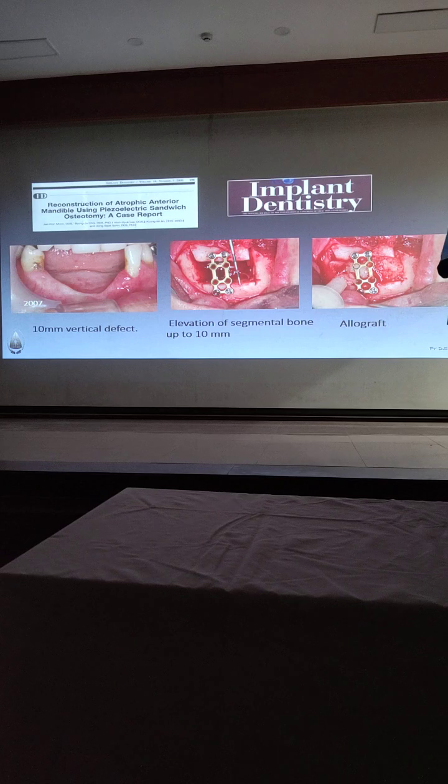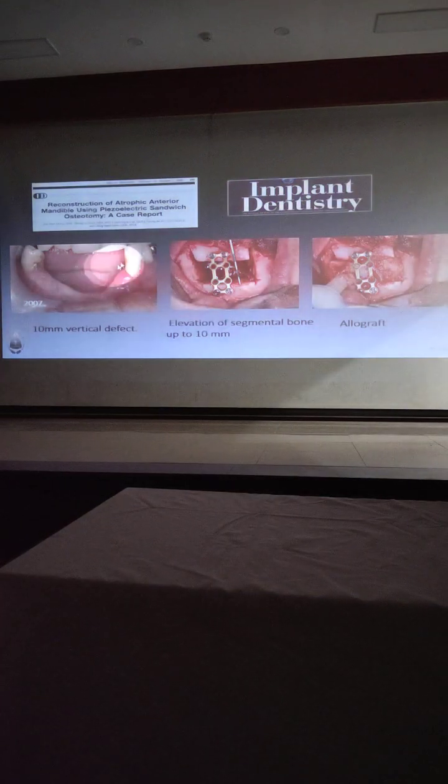So in this case, at that time, I had two options: simple grafting or sandwich augmentation. So I gave up the block bone technique for vertical augmentation because of the unpredictable resorption, especially in young patients. So I did the sandwich augmentation using flap surgery.